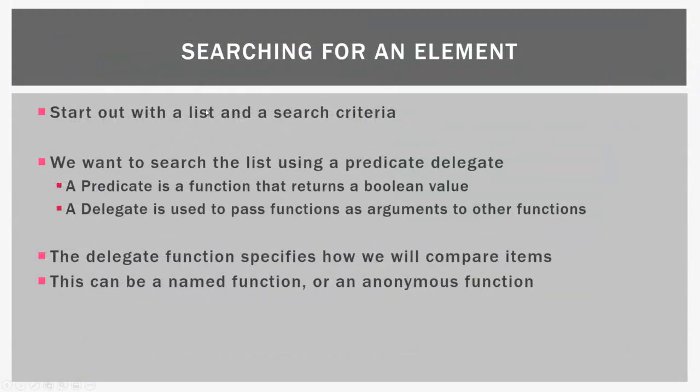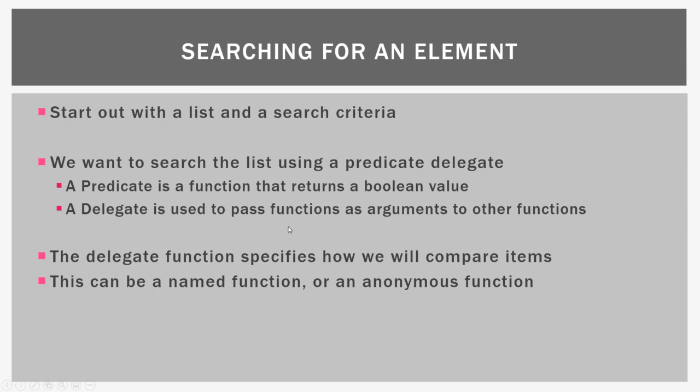So we start out with a list, got it, and a search criteria, got it. We want to search the list using a predicate delegate. So the function that returns a Boolean value, and we pass it as an argument to another function. So we have to tell find, here's the method that we're going to use in order to compare elements. So the delegate is going to specify how the comparison happens. We can do it as a named function, or we can do it as an anonymous function.